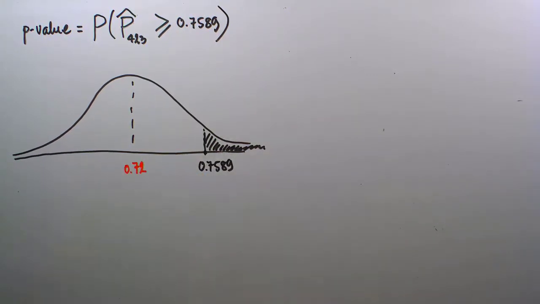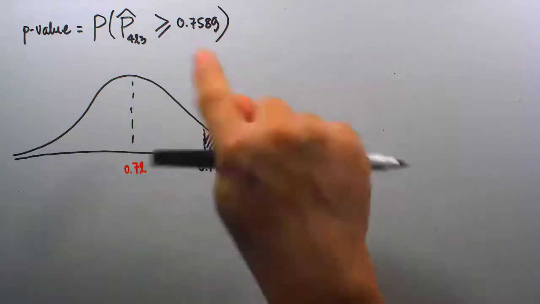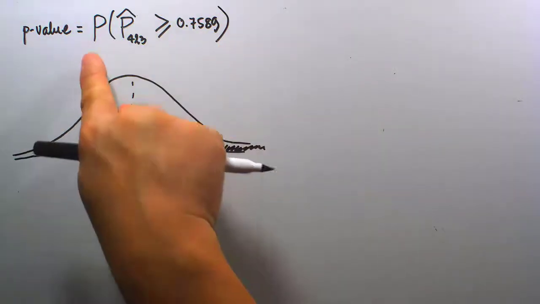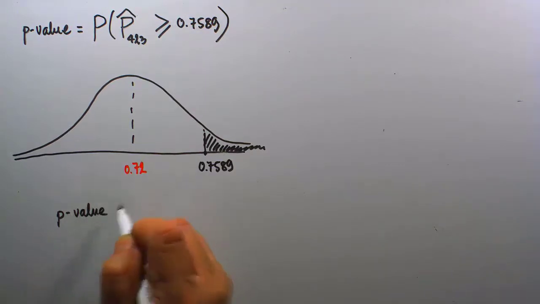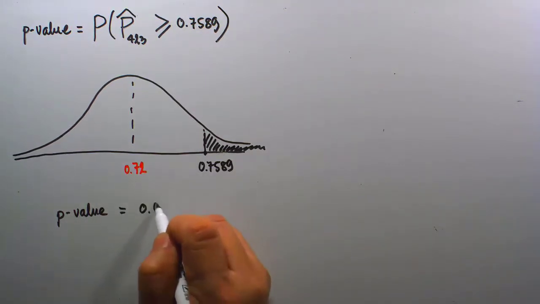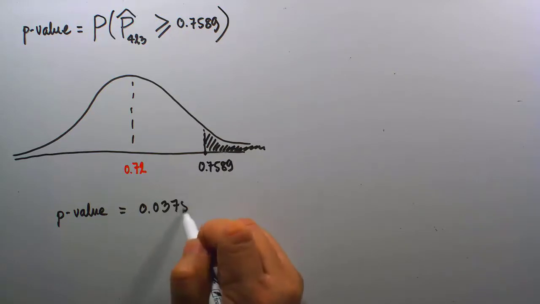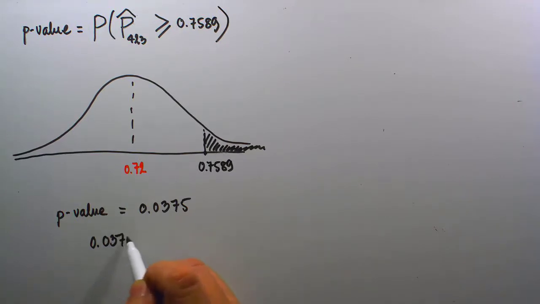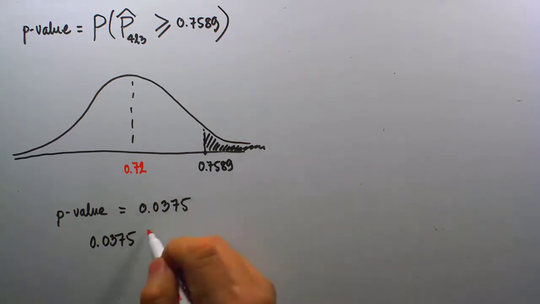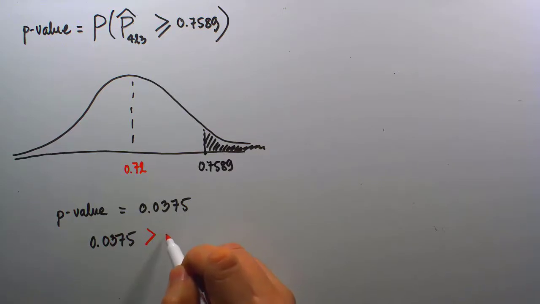And so our p-value calculated to be 0.0375. And the comparison with the significance level shows that the p-value 0.0375 is greater than the significance level given in the problem, 0.01.